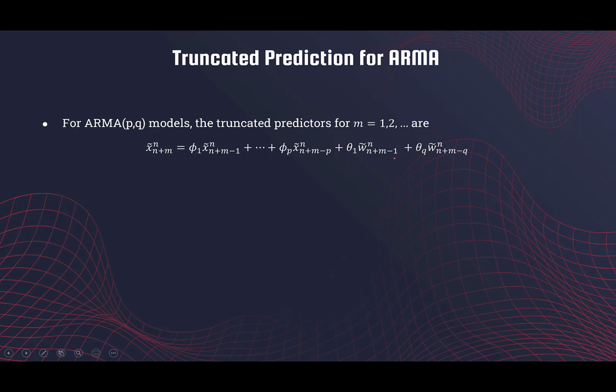Normally this would correspond to the moving average part of the ARMA model, but instead of w's, we have these predicted values substituted. So in this truncated prediction for ARMA, you basically write the ARMA model, but then you substitute the x's with the predictions, and you substitute the w's also with the predictions. That's a way to remember what is going on here.